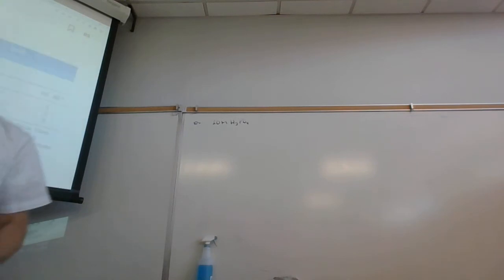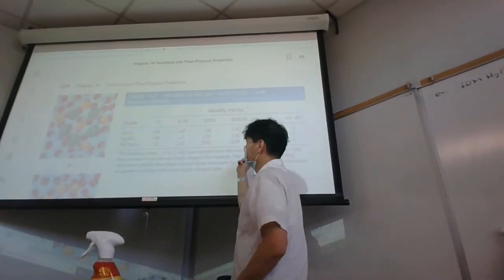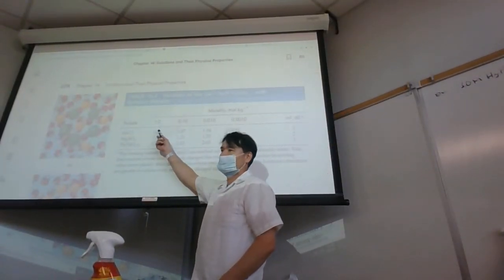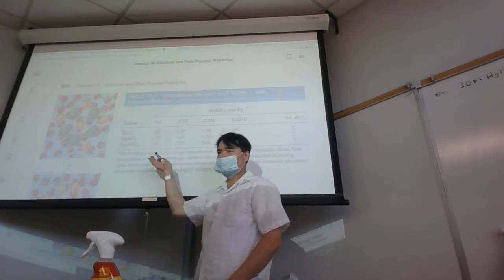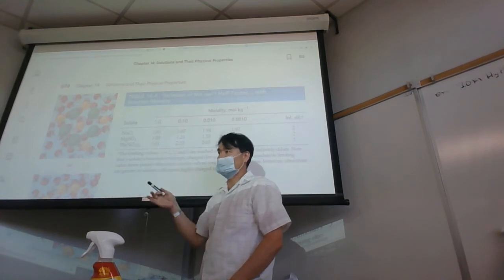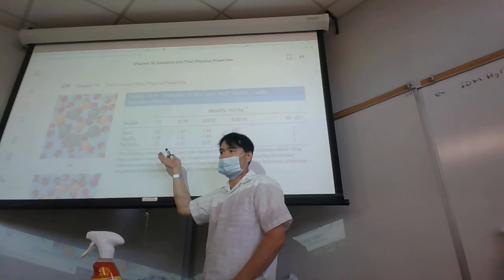Molality and molarity are close. Where do we start seeing some significant deviations? At about 1.0 molar, we're already starting to see significant deviations from ideal stoichiometric versus effective real.